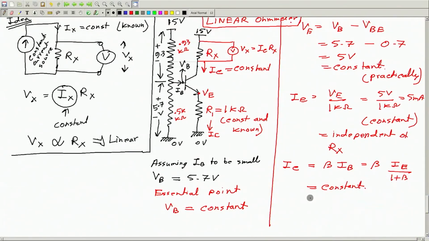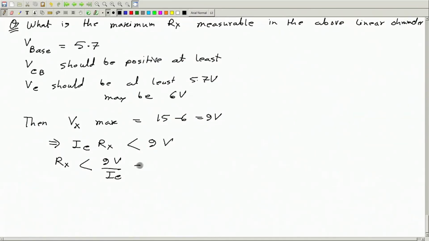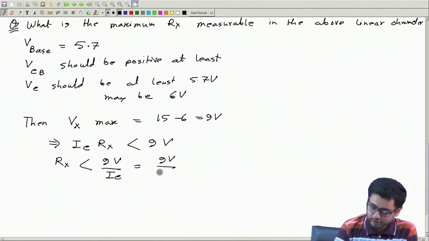So let us take it from here. IE is 5 milliampere, let us take beta very large, then beta by 1 plus beta is 1. So then this is 5 milliampere. Then you can write 9 volt by 5 milliampere, so this is 9 by 5 or 18 by 10, 1.8 kilo ohm.